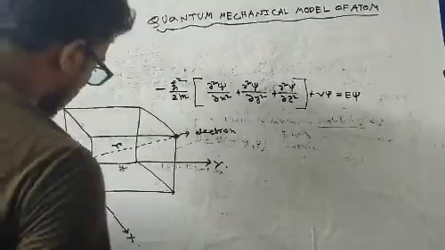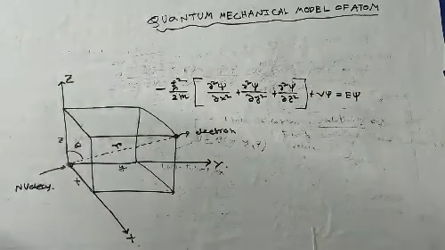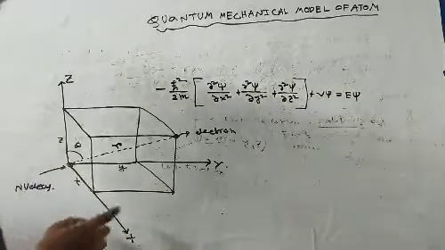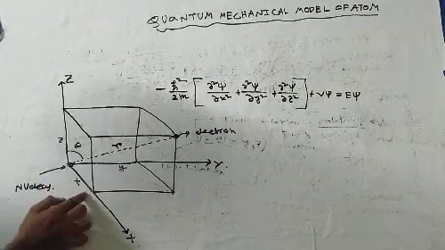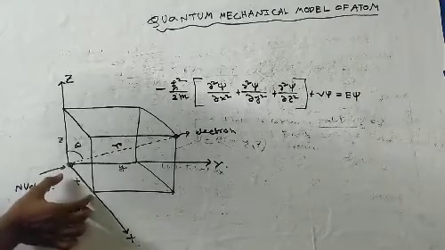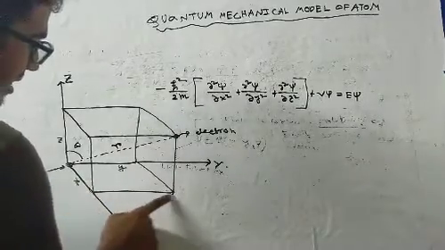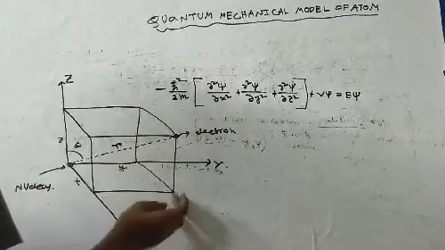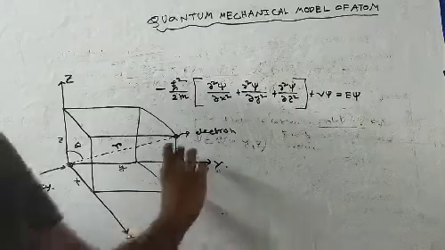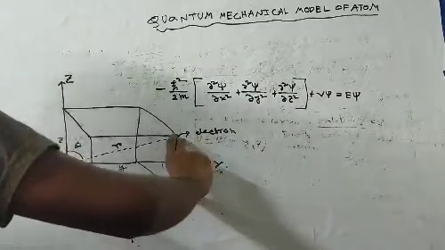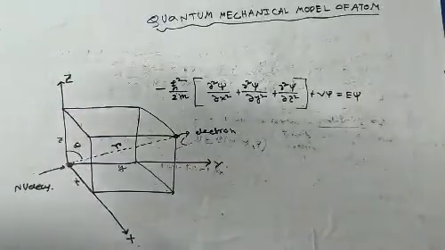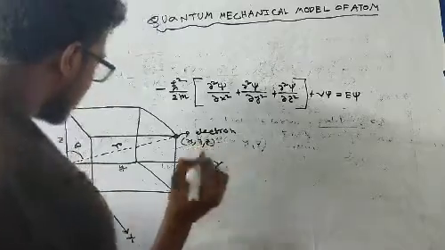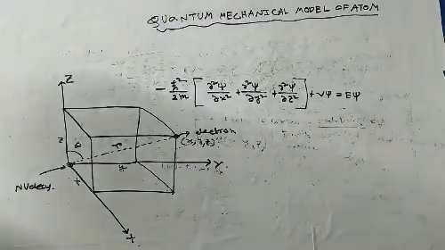Because if you want to know the position of the electron according to the Cartesian coordinate system, at first we have to go in the x direction along this length, then go in the y direction, the length y, and then go in the upper direction, that is the z direction, and travel z length. So according to the Cartesian coordinates, the position of the electron is small x, small y, and small z.